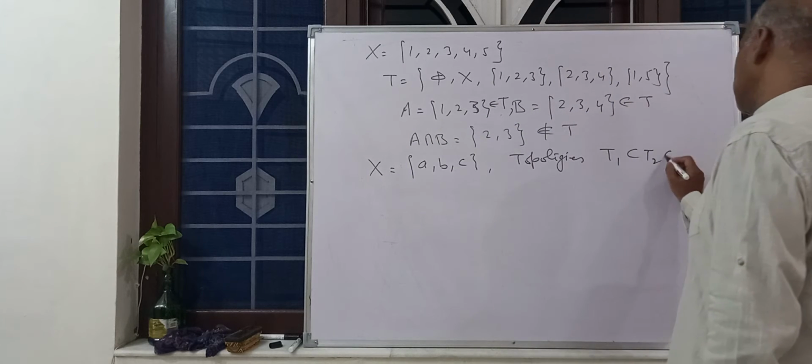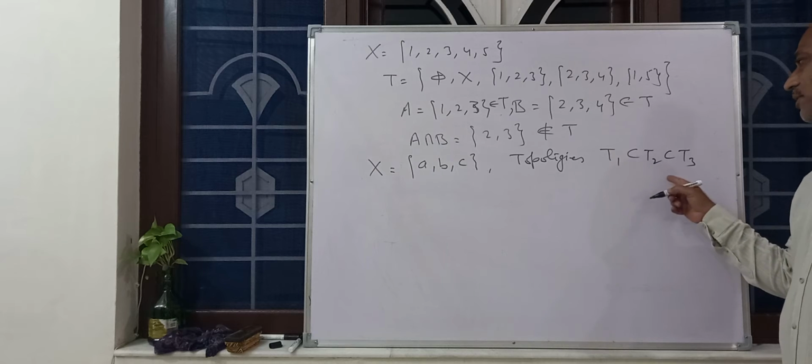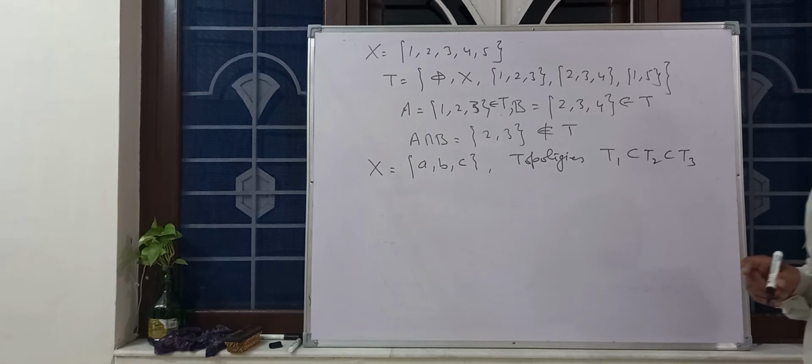T1 subset of T2 subset of T3. Find three topologies where T1 subset of T2 subset of T3.